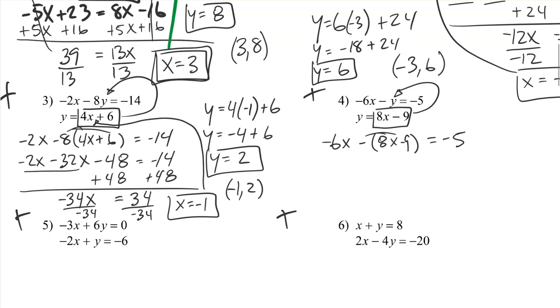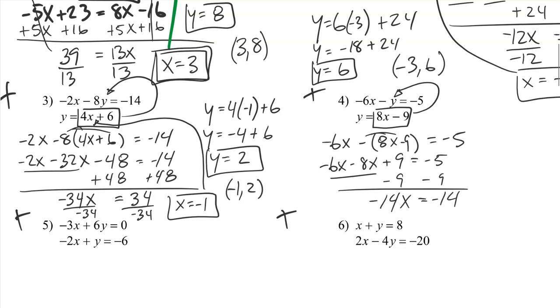We need to distribute our negative 1, so we get negative 6x minus 8x plus 9 equals negative 5. Combine our like terms and move that 9 over by subtracting it. So negative 6x minus 8x makes negative 14x, and that equals negative 14. So what's x equal? x has to equal 1.